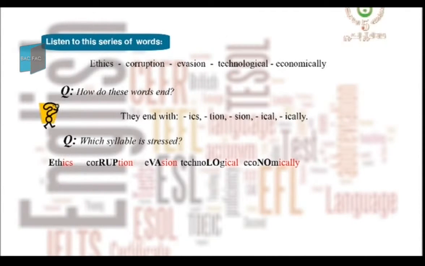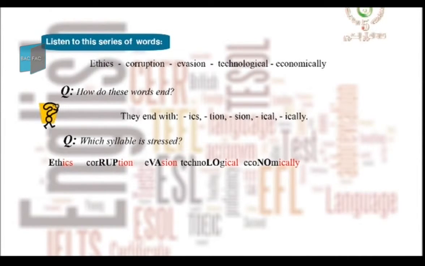Right, let's correct now. Look at the sentences carefully. Which syllable is stressed? As you can see, it is in bold type. Right? In ethics, it's the first syllable. In corruption, it's the second one. In evasion, it's the second one again.